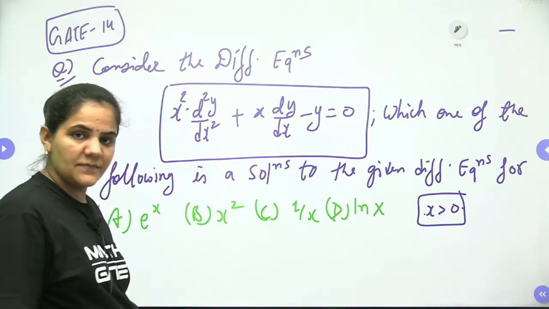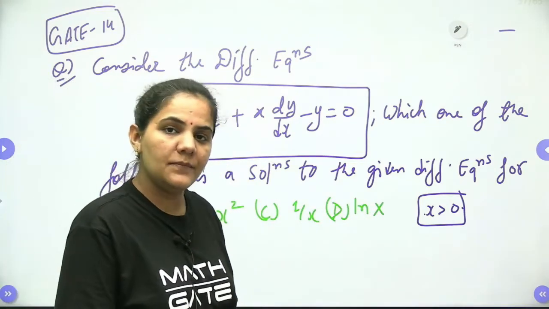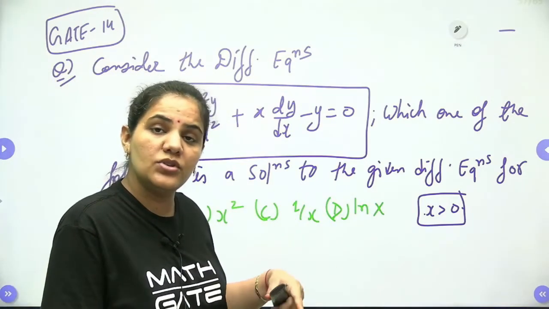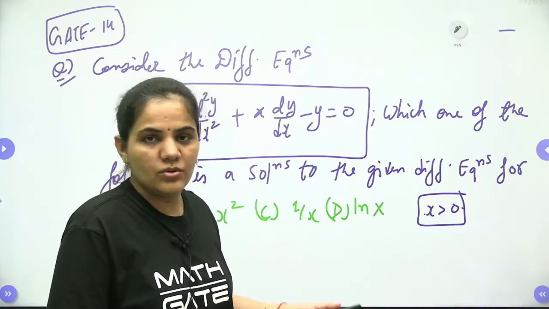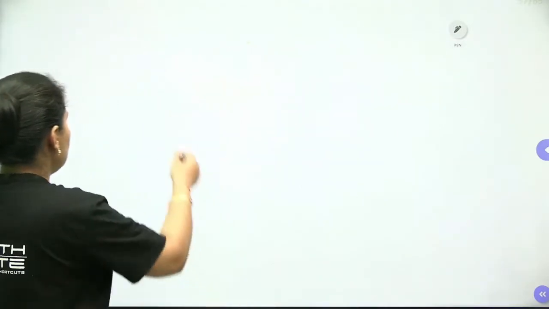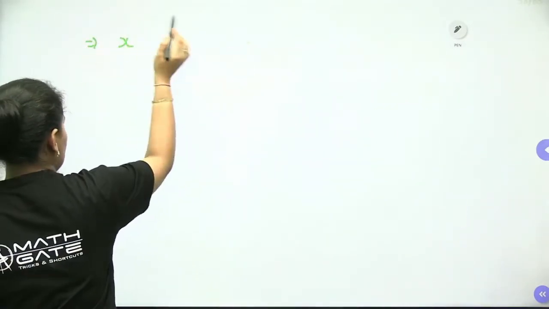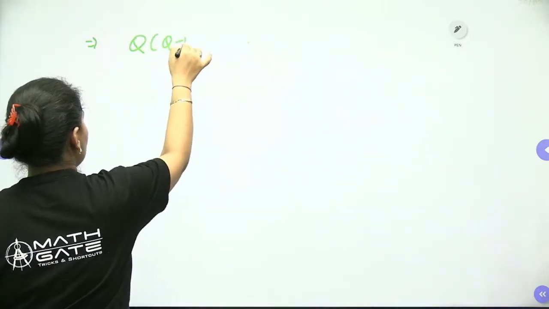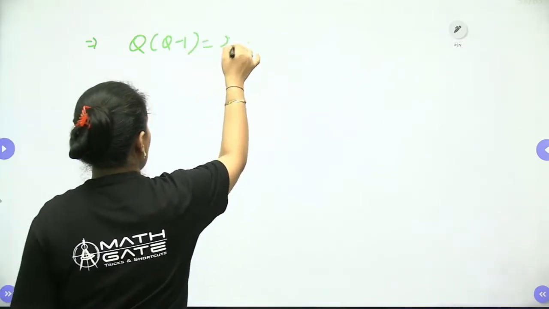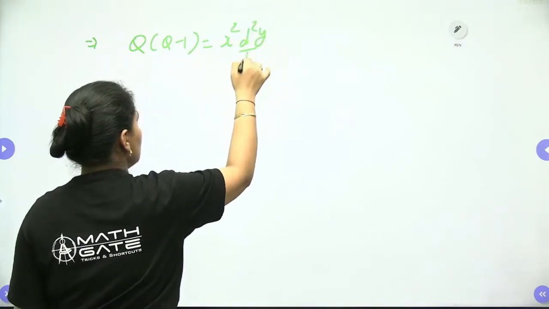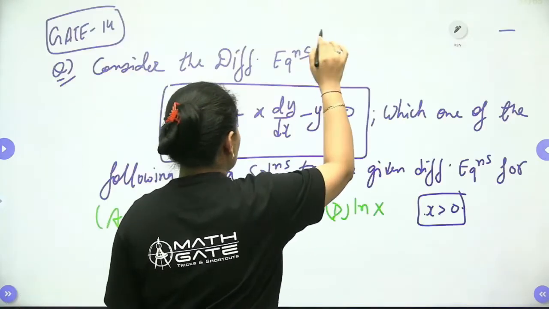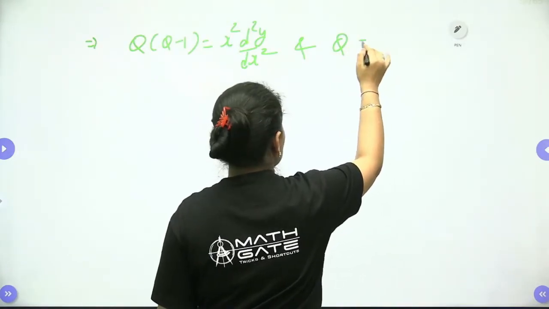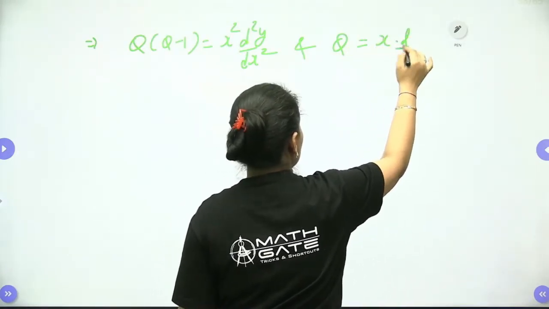Let's approach it, guys. Again we can approach it easily. We know this is a differential equation with variable coefficients, which means it is a Cauchy-Euler equation. In place of x square d2y by dx2 we put q into q minus 1, and q in place of x d by dx.